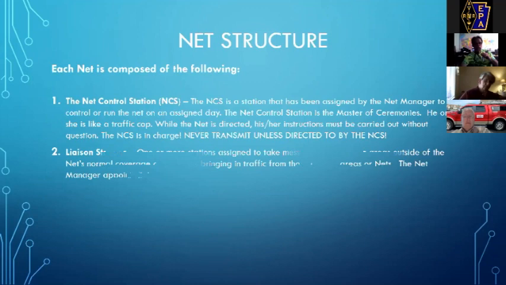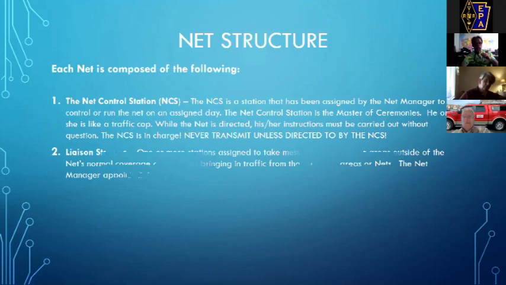Liaison stations are assigned to the various nets. One or more stations will be assigned to take messages for areas outside of the net's normal coverage area. And also, these stations will be bringing traffic in from other nets outside of the coverage area.